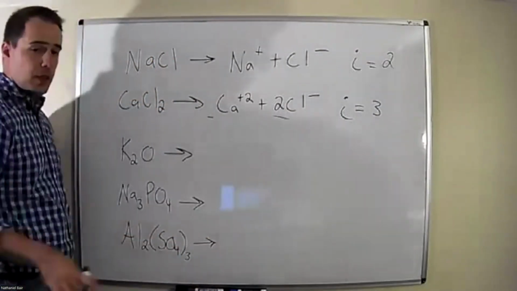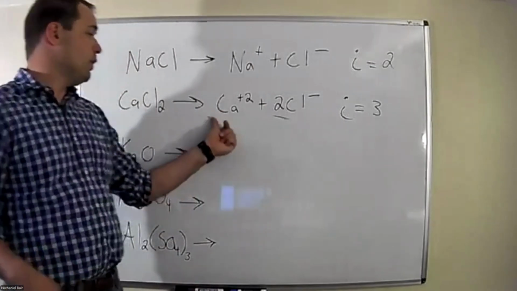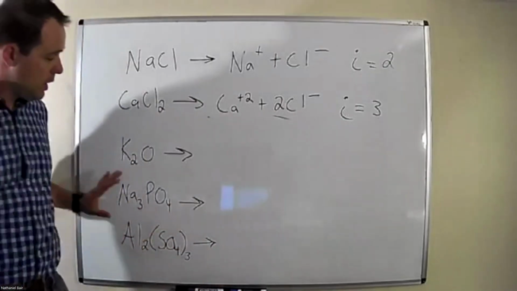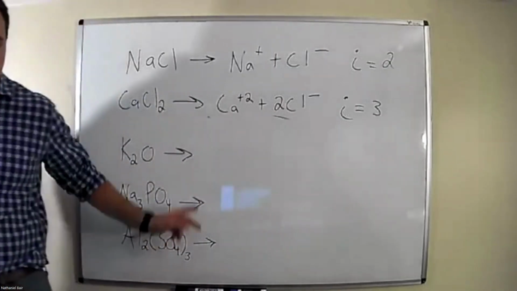I found the best way to do it is to write the balanced dissociation equation like I did above. Write the balanced dissociation equation for these salts, and then count up the number of ions. Give those 3 a shot.